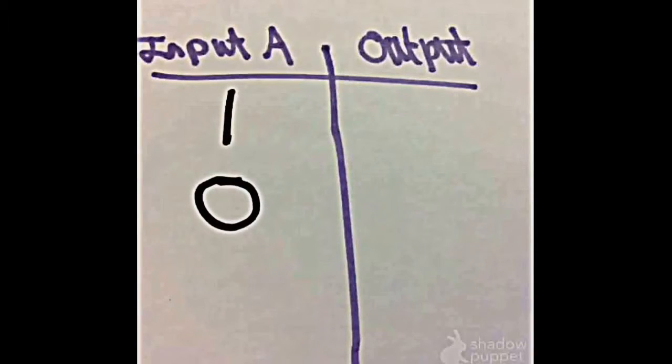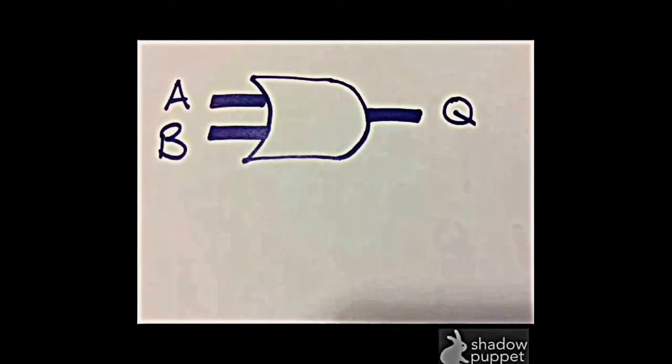Now, you can figure out the next one by yourself. Pause the video and see if you get the answer right. Hopefully you have paused the video. The answer is on, because as we said, it's the opposite. So on, not off.